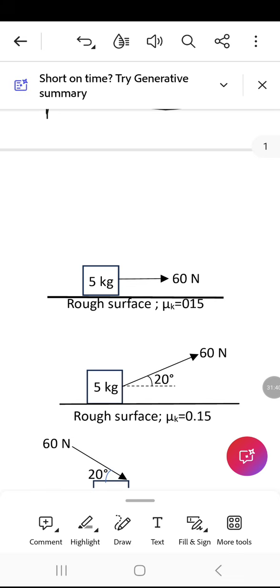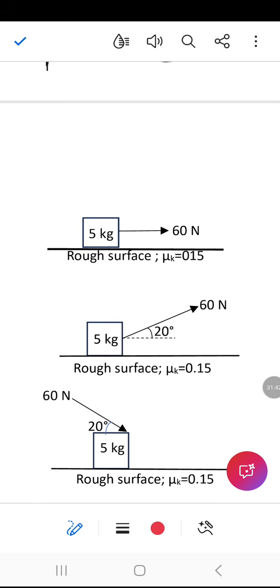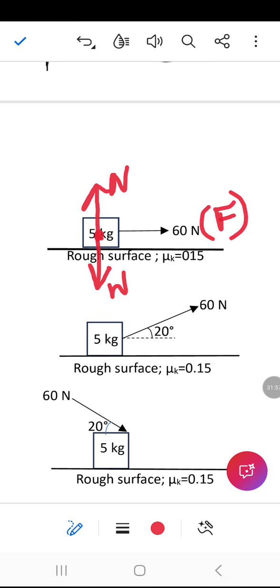So let's try to do the first question. Let's label the forces acting on the object so that we can draw our free body diagram. I'm going to have my weight, then a normal force, and here is your force applied. Let's assume the direction of the motion. Remember that frictional force opposes the direction of the motion.